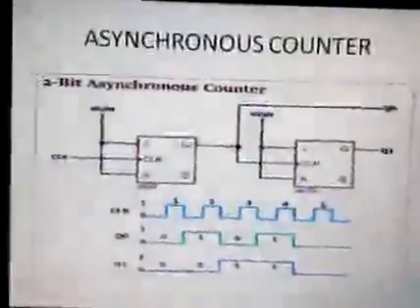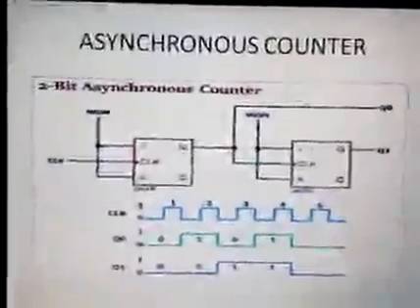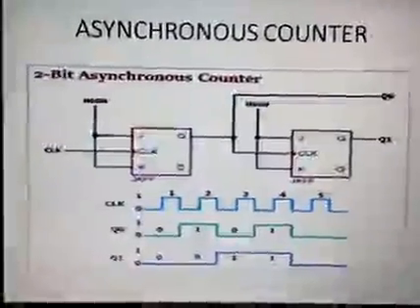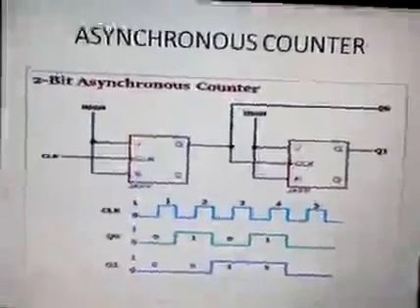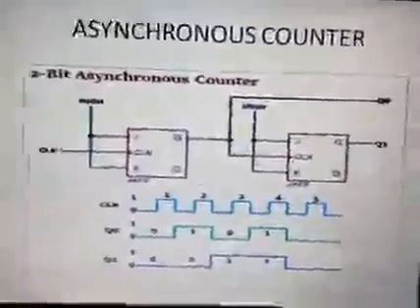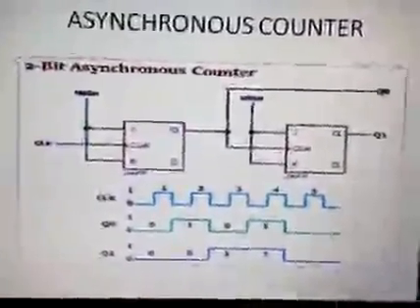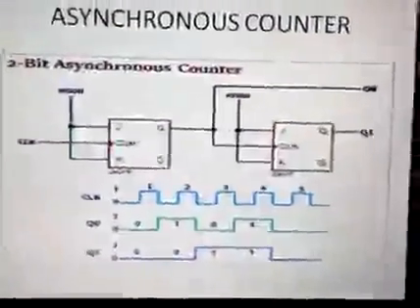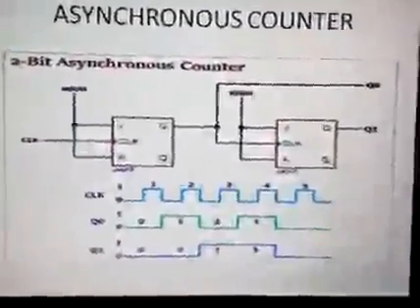When the data input is low and clock pulses are given, it performs the hold operation. When the input is high and we apply clock pulses, it performs the toggle operation. Input is 0, output is 1. Input is 1, output is 0. This is the toggle operation.